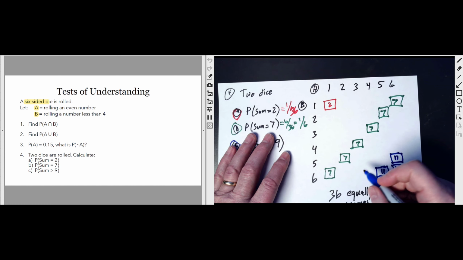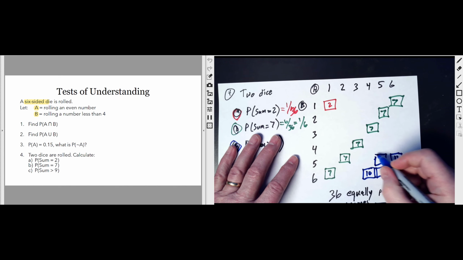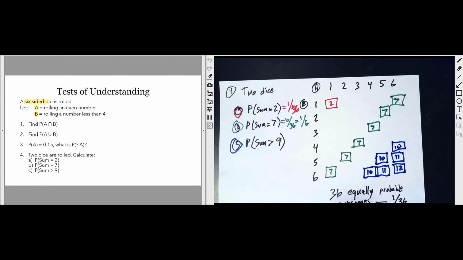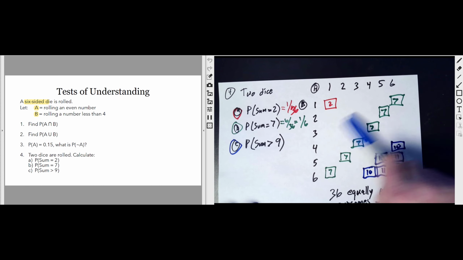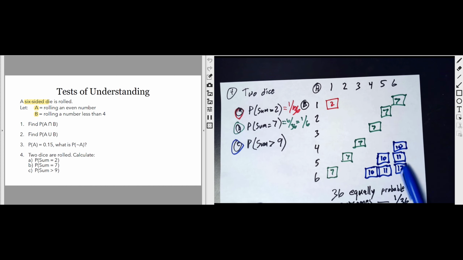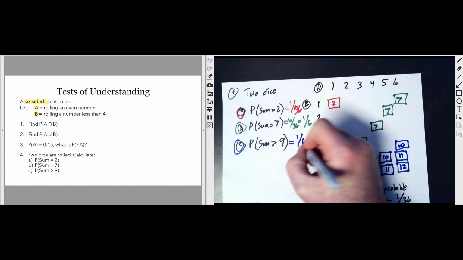And then we have 4 plus 6 is a 10, 5 plus 5 is a 10, 6 plus 4 is a 10. So we have 10s here, these 3 outcomes. And I hope it's clear that that's it. All of the other sums in here are going to be less than or equal to 9. So it turns out that the probability that our sum is greater than 9 is also 6 outcomes out of a possible 36. And so that's also going to be equal to 1 out of 6.